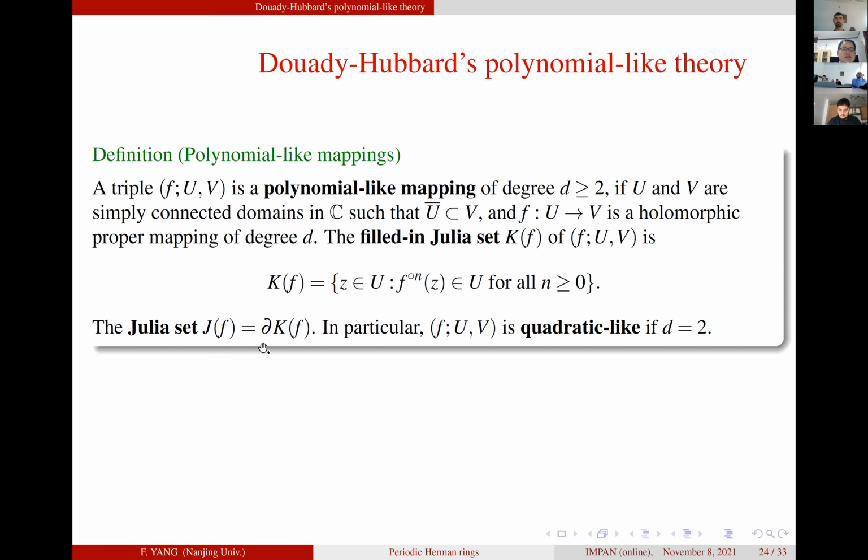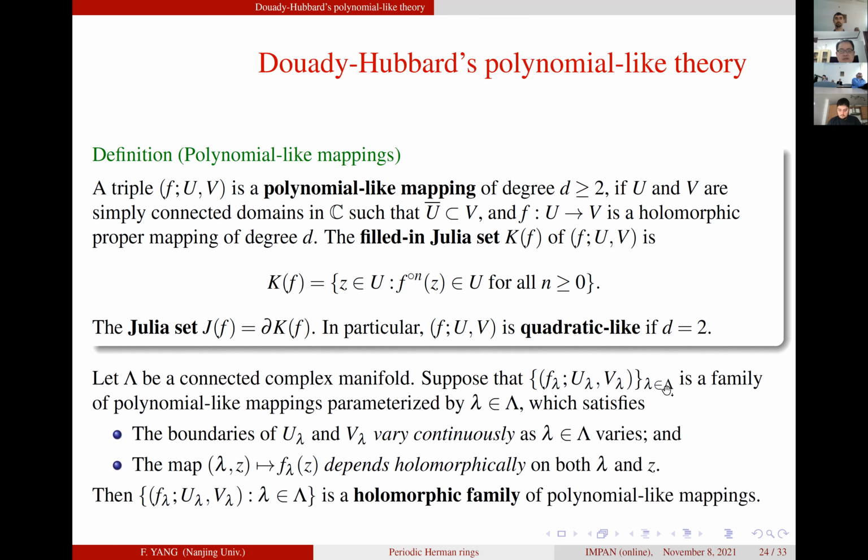The Julia set is the boundary of the filled Julia set, and this triple is called quadratic-like if the degree is 2. And we can also induce a family of polynomial-like mappings. This family is parameterized by the parameter lambda.